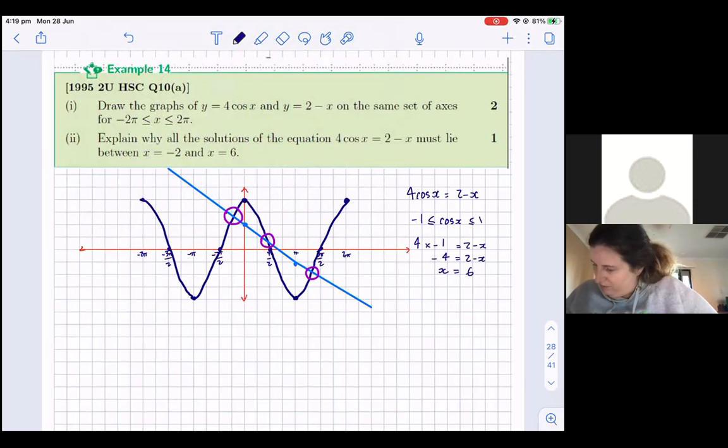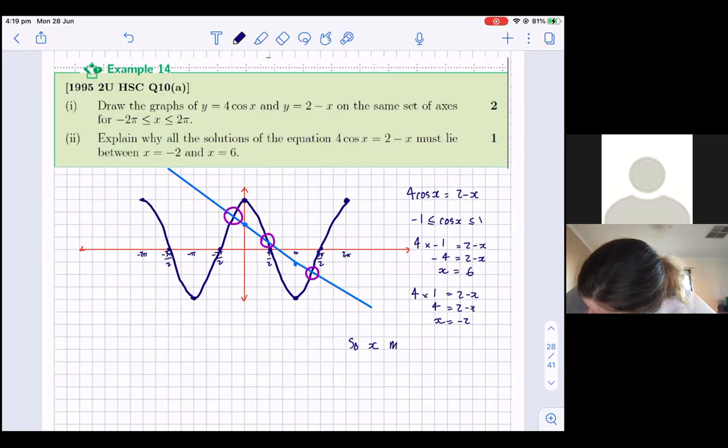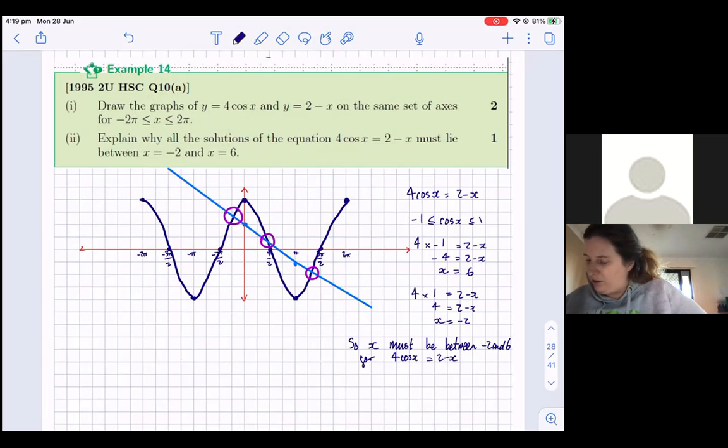That's the one end. And for the other end, we're going to have 4 times 1 equals 2 take x. So 4 equals 2 take x. So x equals -2. So the values for which this works can only be between -2 and +6. Otherwise, we're just not going to get solutions.